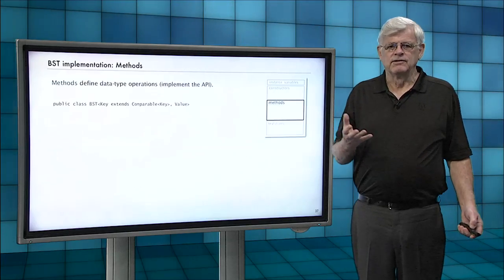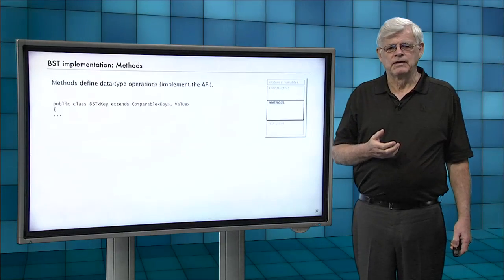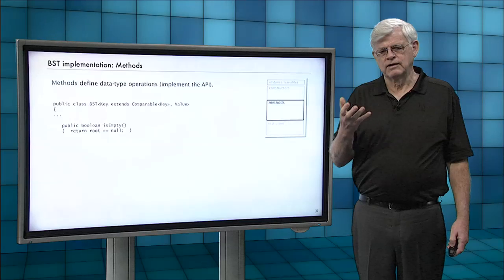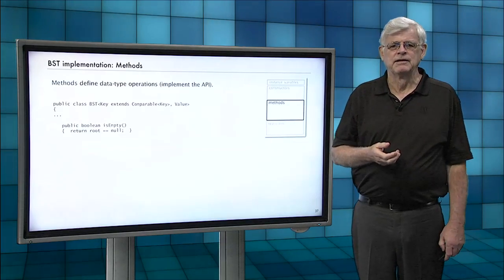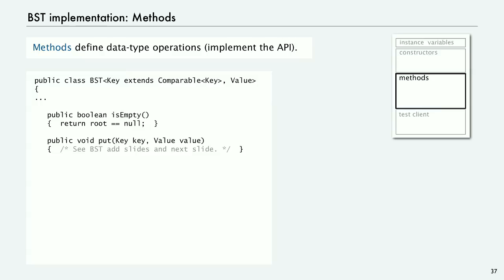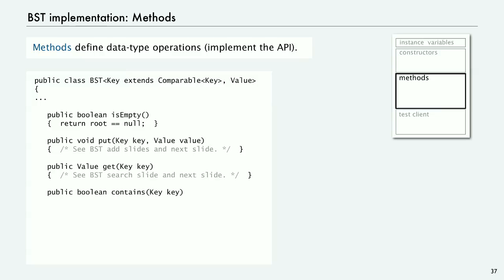And then there's the methods. These are the, is empty: is the binary search tree empty? Well, if the root's null, it's empty. The put method, that's the code that we looked at when discussing the BST data structure, and we'll see it again on the next slide. And the same with the get method.